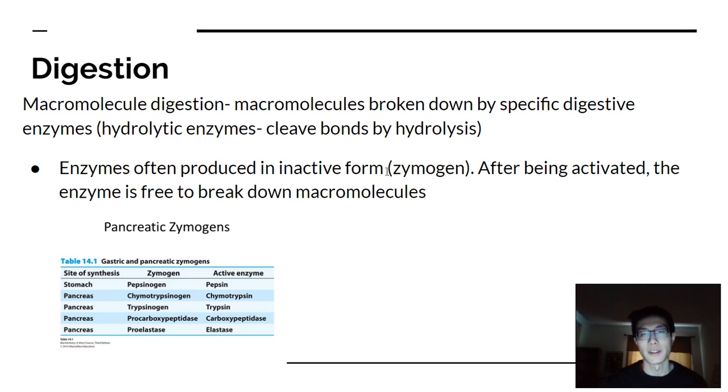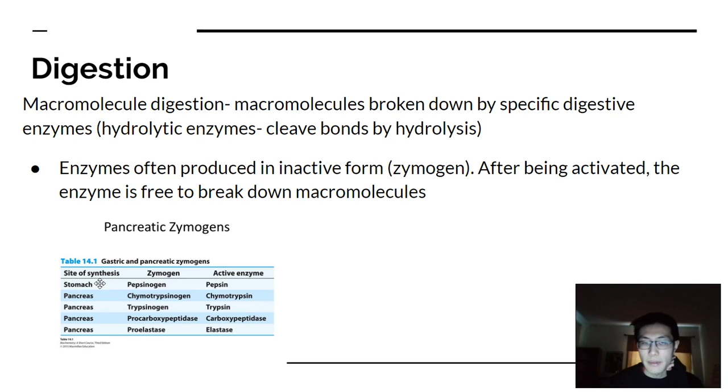So the zymogen is the inactive form of the enzyme. And the reason why it's maintained in the zymogen or inactive form is because we don't want those enzymes, which are breaking down macromolecules, to be floating around in their active form in our bodies unless we want them to.